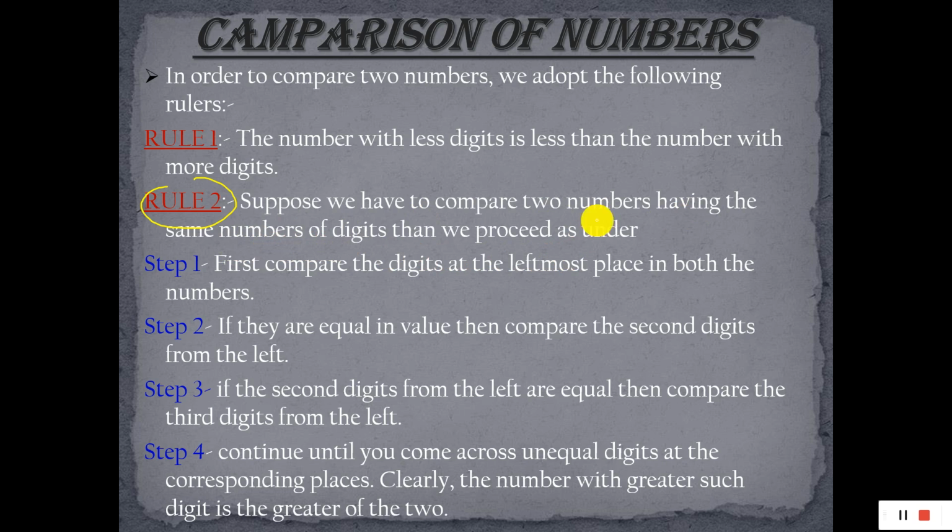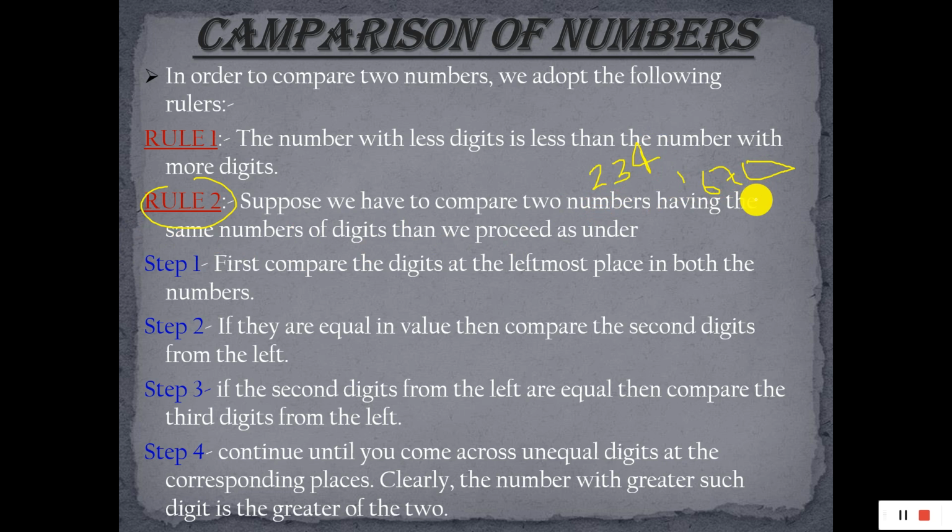Suppose you have 234 and the second is 670. Both have the same number of digits, 1, 2, 3 and 1, 2, 3.